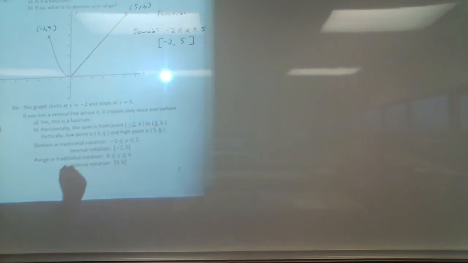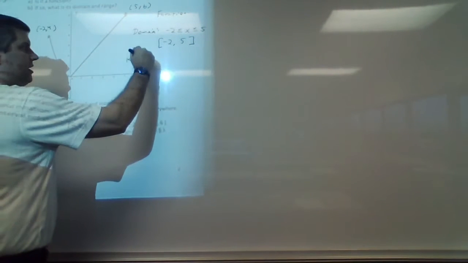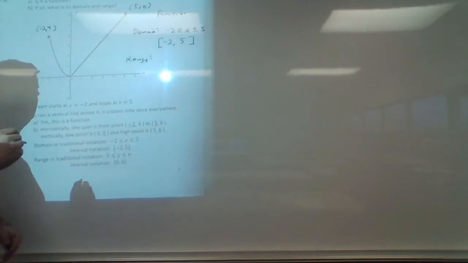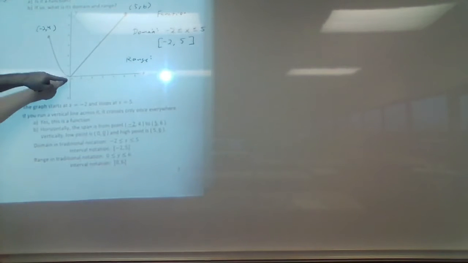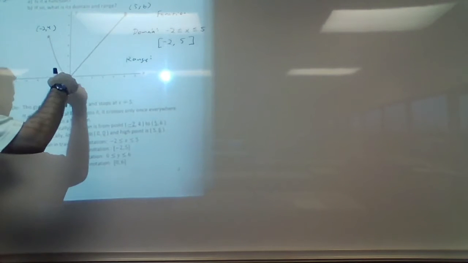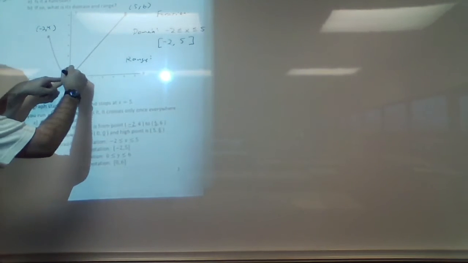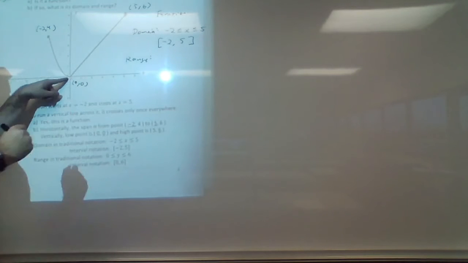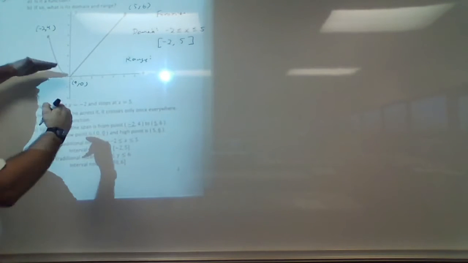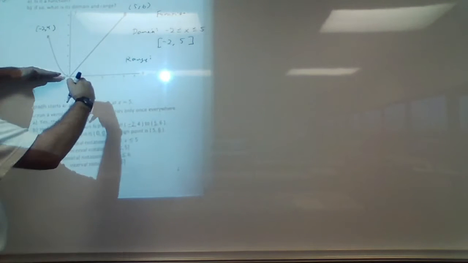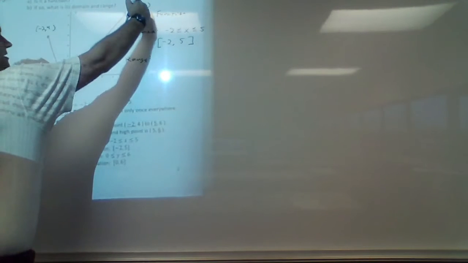The other part asks about the range. The range is the set of vertical coordinates that exist. So the low point here is 0, 0. Okay? So the range goes from 0, the y coordinates go from 0 up to 6.